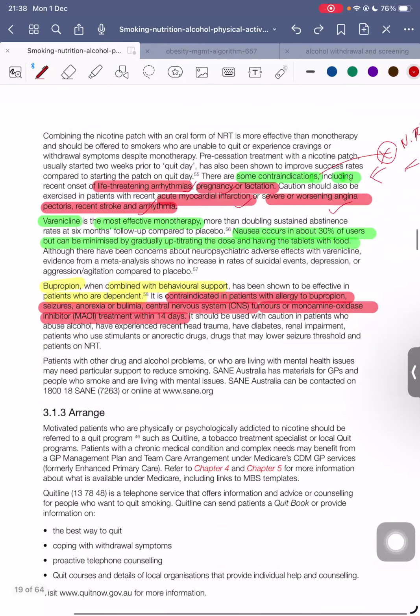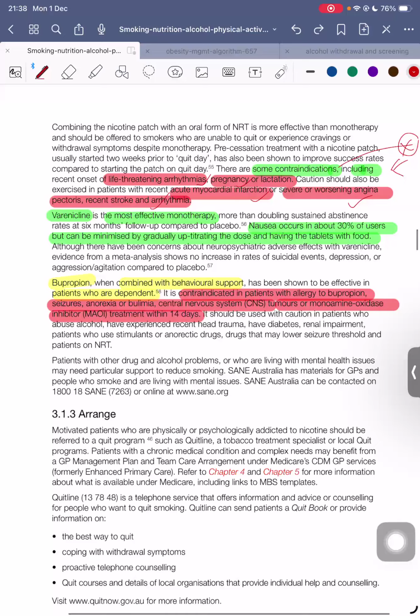Okay, what is the second line drug? First one is nicotine replacement therapy. Okay, if it is contraindicated, what can we use as the next drug? Okay, so next one is varenicline. Okay, varenicline. Varenicline is the most effective monotherapy, more than doubling the sustained abstinence rate at 6 months follow up compared to placebo.